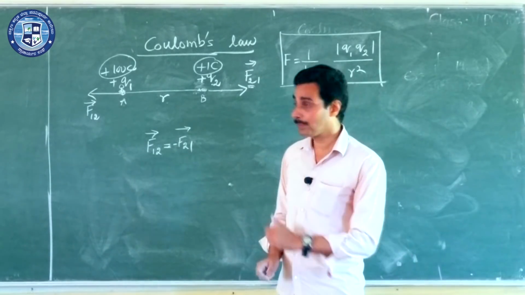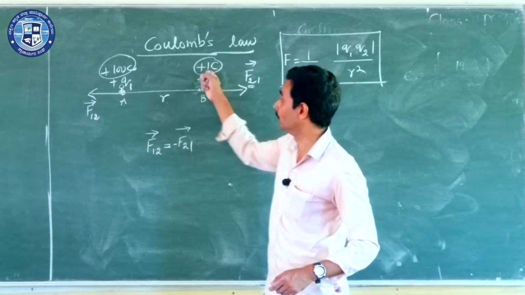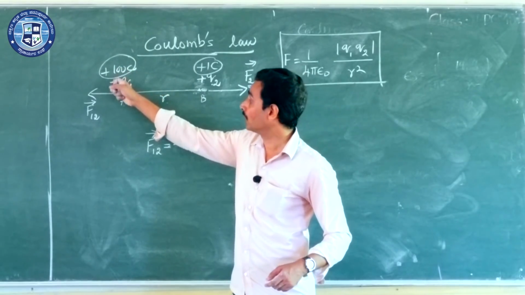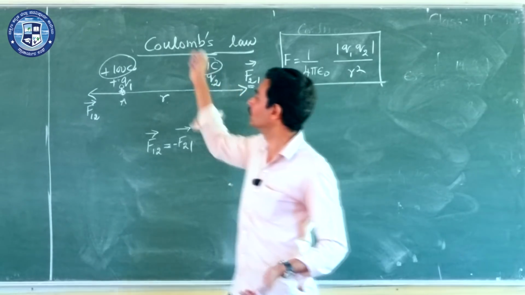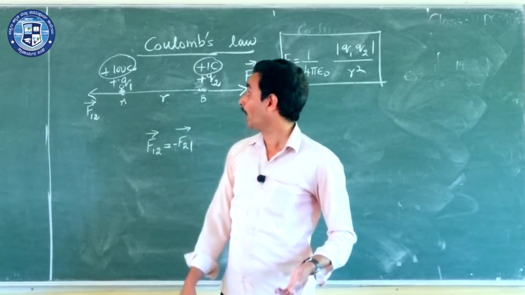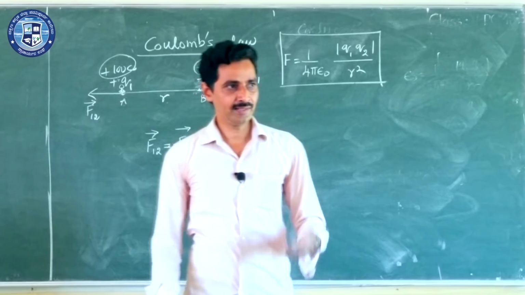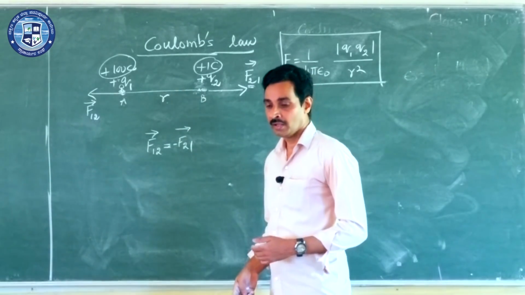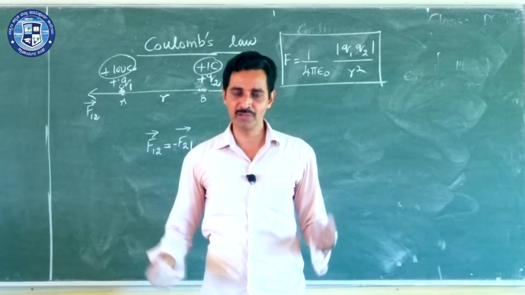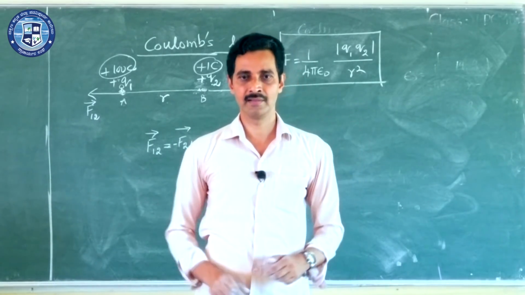So it's very surprising that even if this is 1 Coulomb, and this is 100 Coulomb, 100 Coulomb pushes 1 Coulomb with some force, and with the same force 1 Coulomb pushes the 100 Coulomb in the opposite direction. This may be a competitive entrance exam question. Two charges 100 Coulomb and 1 Coulomb are separated by a small distance.